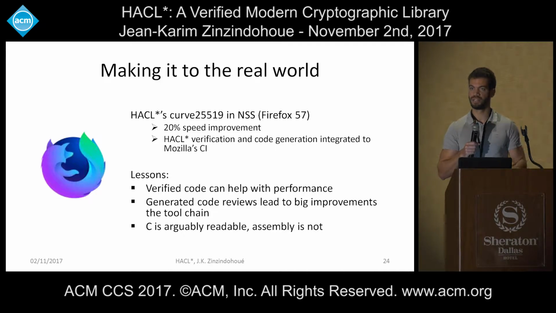And I think this is our first lesson, which is that they actually accepted to take our code because this code is verified, and they were able to include the verification and extraction mechanism in their own CI. And so we claim that verified code can help with performance because people are more willing to take it than those newish implementations, which no one is really sure are totally bugless.